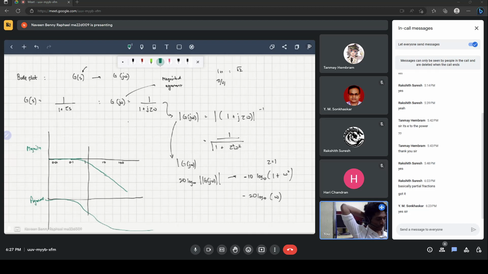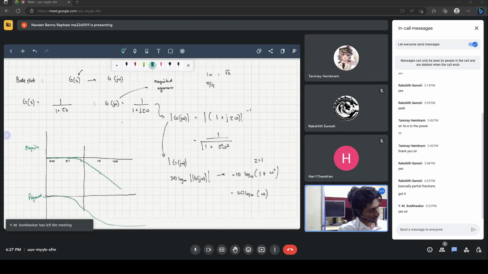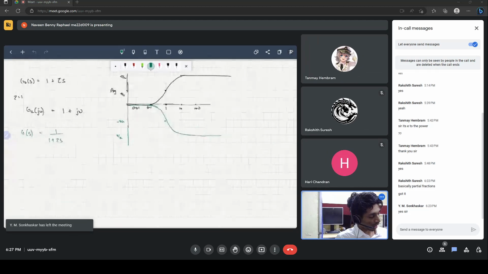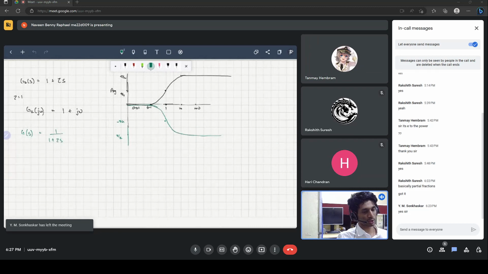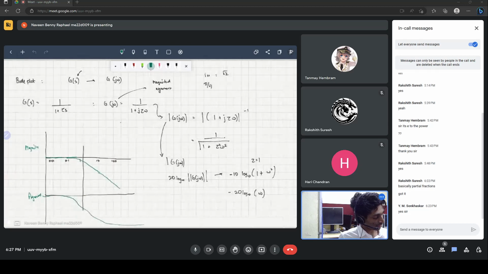The easier way to argue for this will be the following. In the case of the magnitude, we took 20 log 10 so that the product in G(j omega) is nicely resolved.